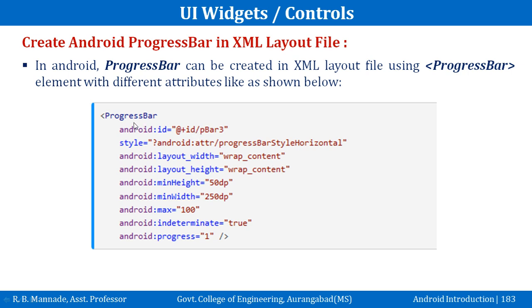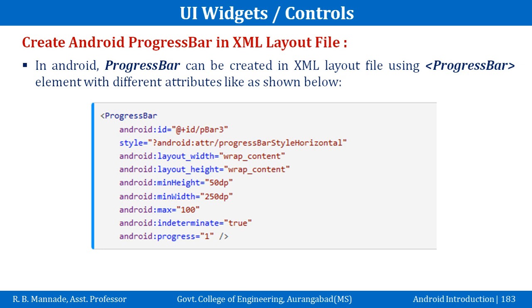So this is one of the parts of any layout file. It means this particular ProgressBar tag may belong to the activity.xml file or some other file, but it should be a layout file only.